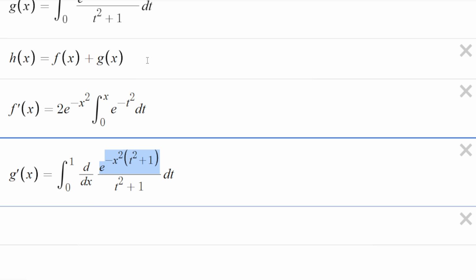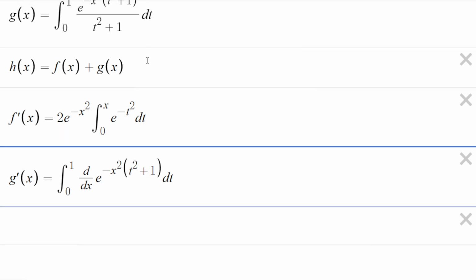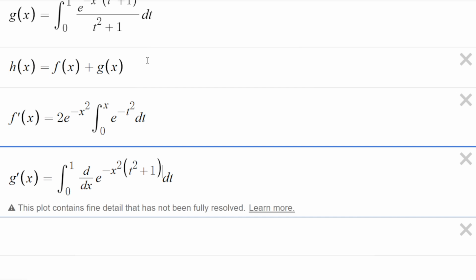So it's an exponential, so we're going to get it back, and then we need to multiply it by the derivative with respect to x of the exponent. Taking the derivative with respect to x of this, well, t squared plus 1 is a constant, which is going to cancel this. And then all we have to do is take the derivative with respect to x of negative x squared, so we'll get negative 2x. So there is our g prime of x.